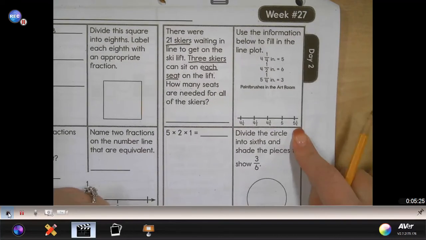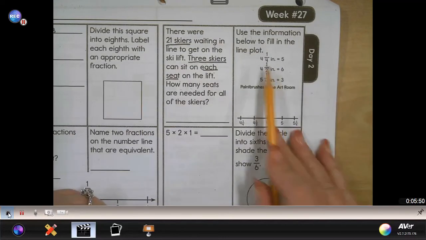This is actually going to be the next thing we go to after we finish fractions. We're going to use these fractions to help us put data on a number line, or line plot. In this case, it kind of looks like a ruler, right? So that's how measuring comes in, because measuring and fractions go really well together.